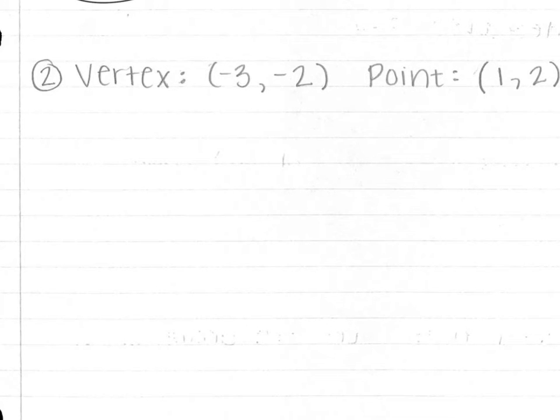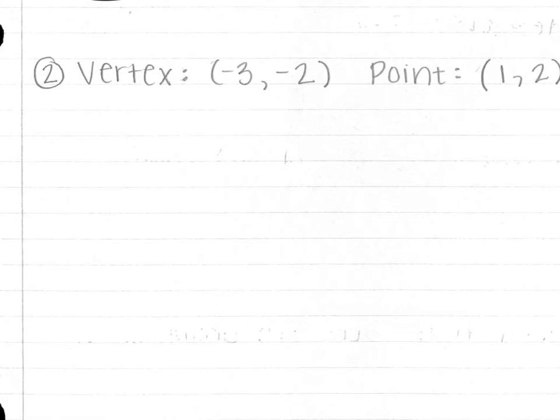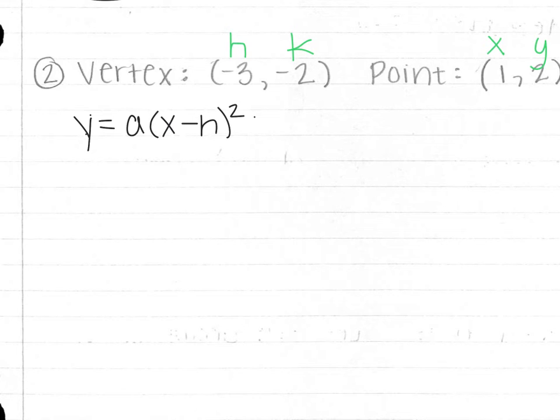So here you are given again h, k, x, and y. And we're going to substitute these into y equals a times (x minus h) squared plus k.